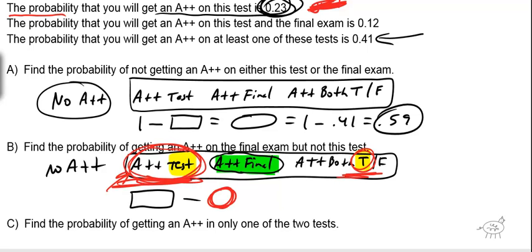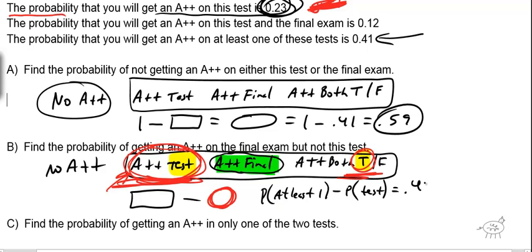But basically, the probability of at least one of these tests minus the probability of the test, which is 0.41 minus 0.23, comes out to be 0.18.